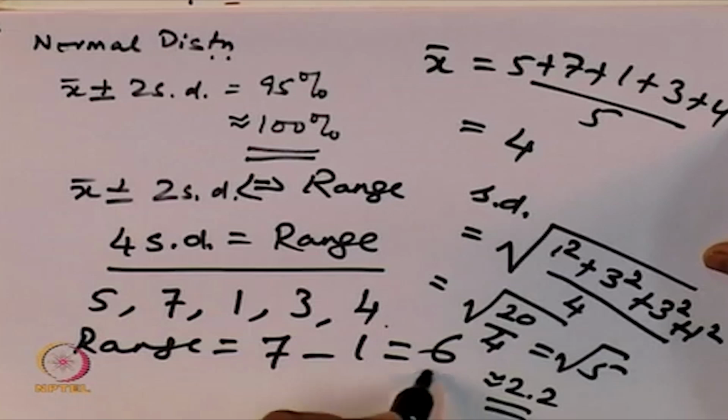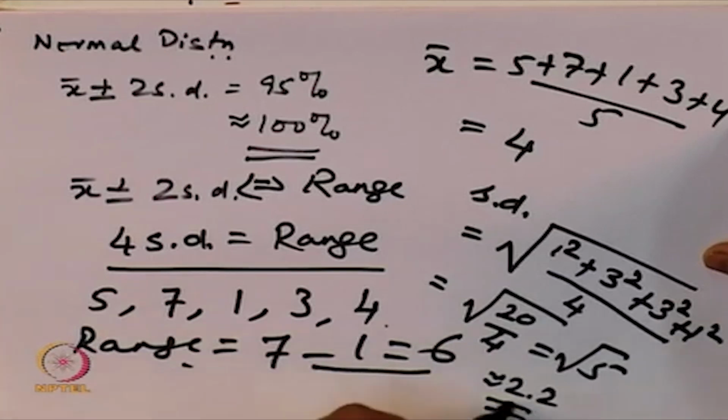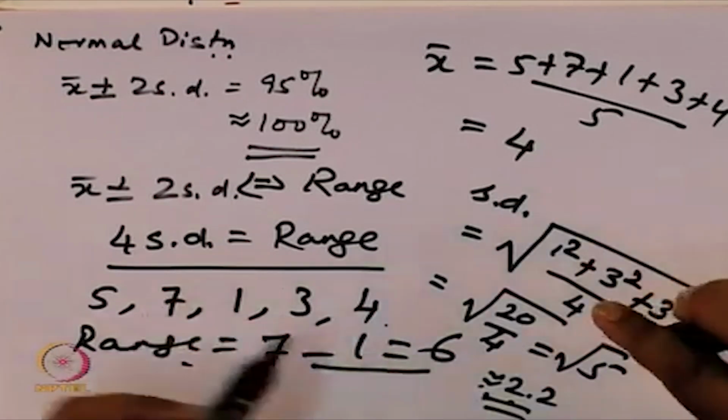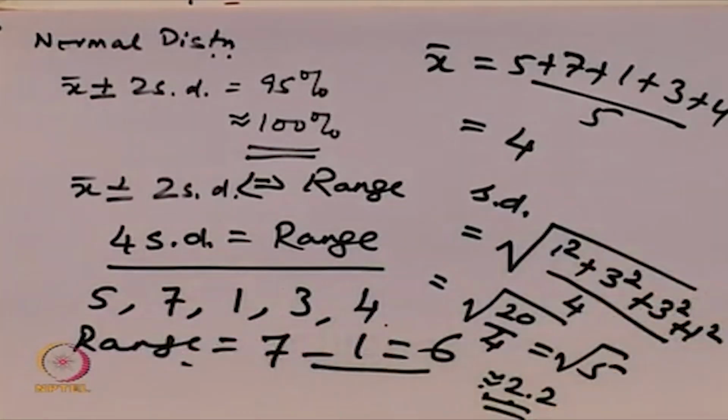So, your range is 6, your standard deviation is 2.2, and 2.2 times 4 is about 8. They are comparable, so you know that this is probably right.